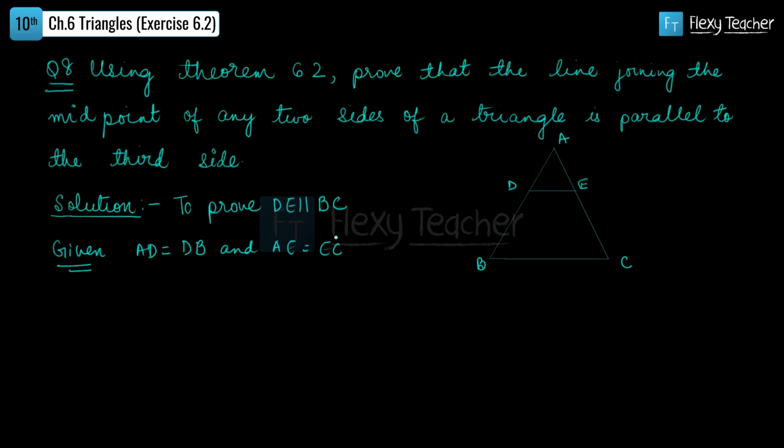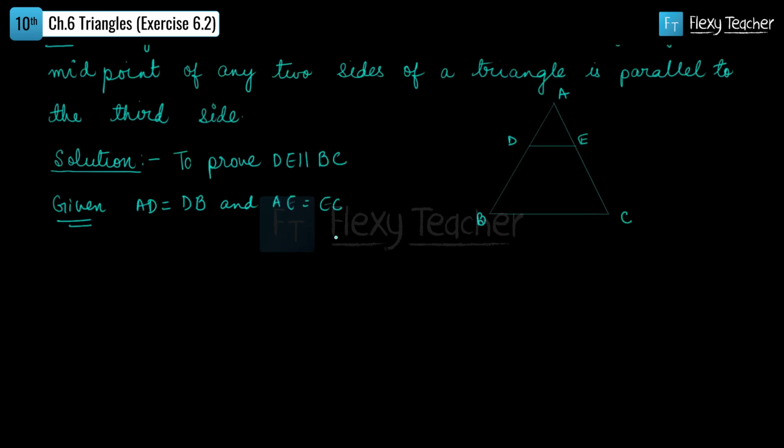Okay, so since D is the midpoint of AB, AD is equal to DB, therefore AD upon DB is equal to 1. Also, with the same way, we can say that AE upon EC is also equal to 1. Okay, so now we say that AD upon DB is equal to AE upon EC.